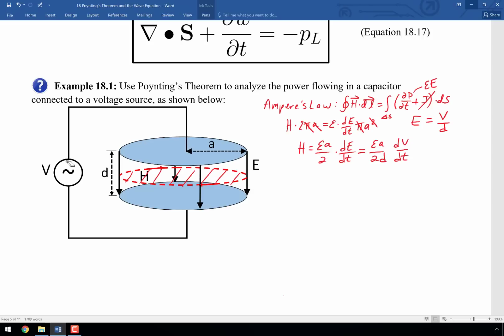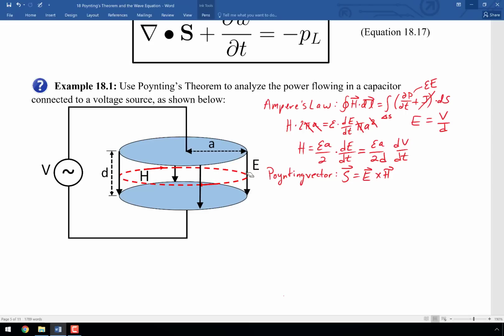Now, let's calculate the Poynting vector. That, of course, is E cross H. Let me write S equals E cross H. And now we've got to look at the picture here. Let me erase my notations on here.